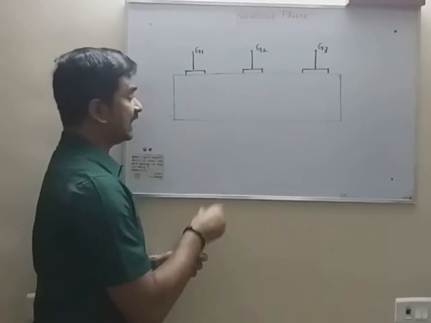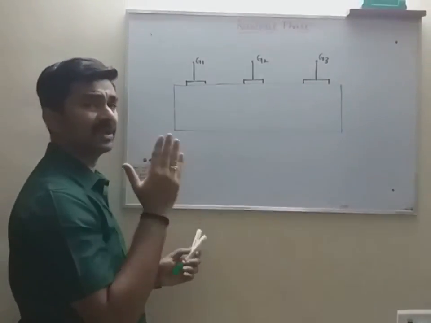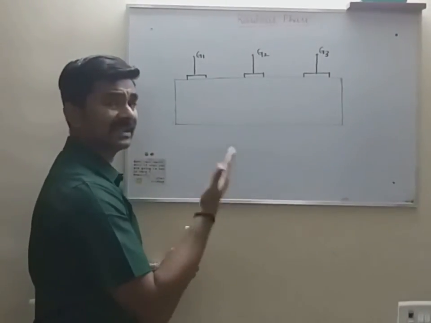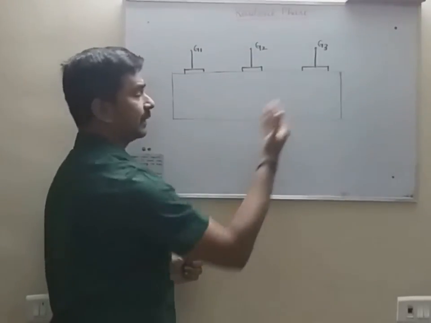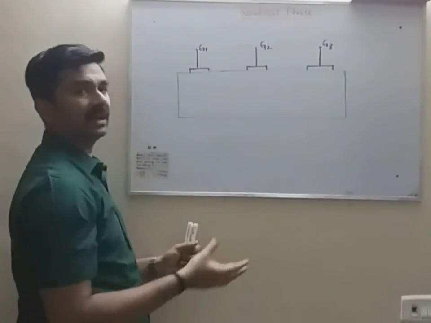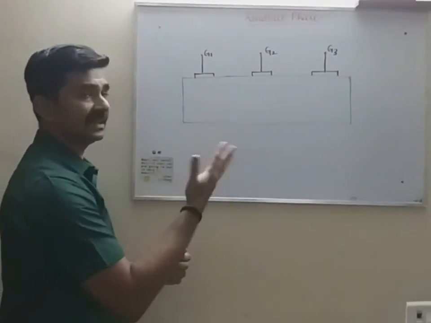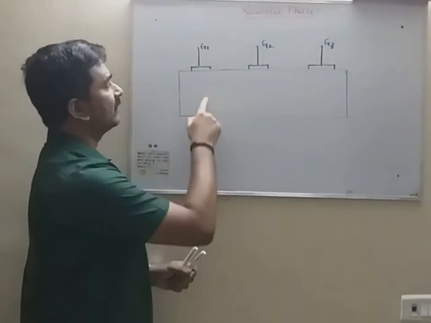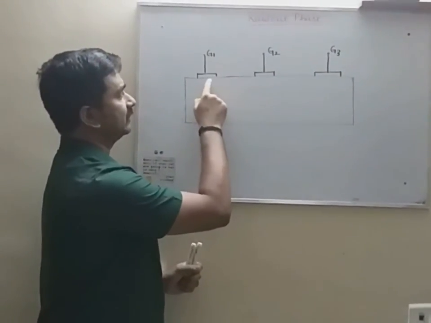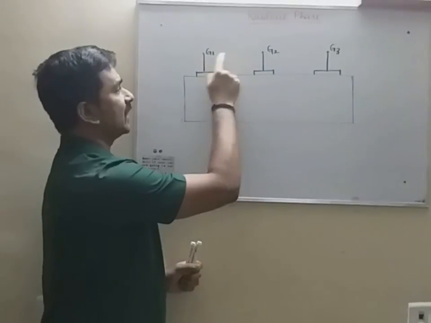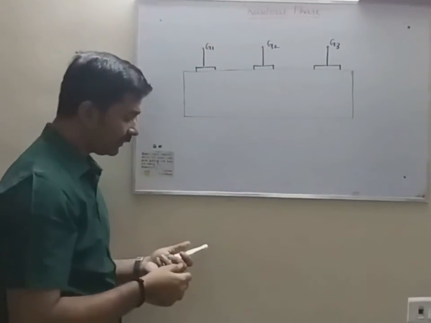A CCD device is a series of MOS capacitors. We have 3 MOS capacitors in series, and we name the gates as gate 1, gate 2 and gate 3.